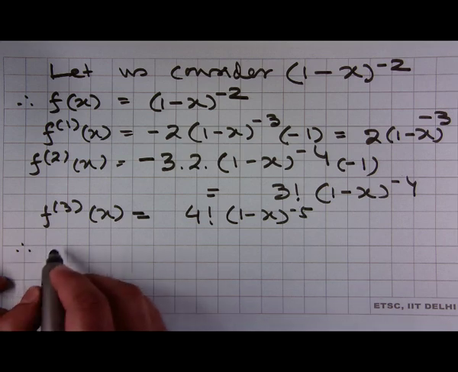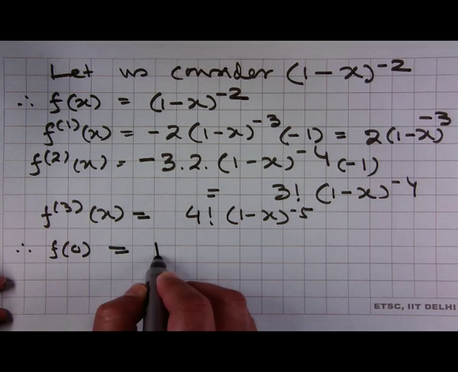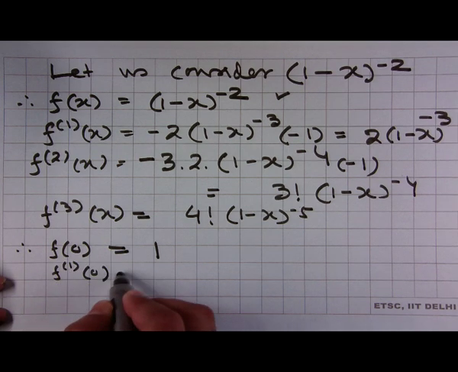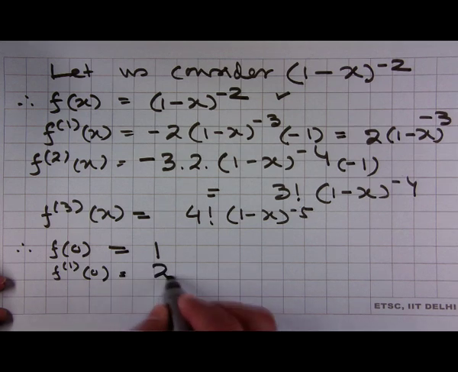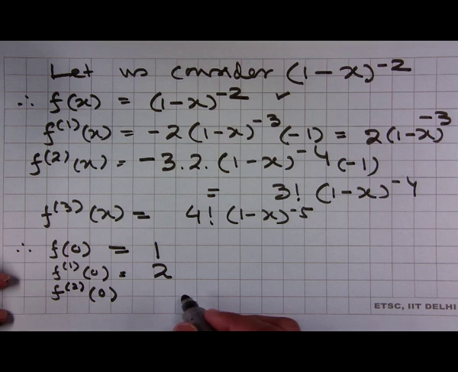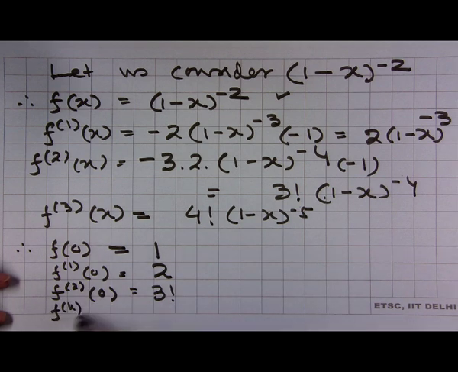Therefore, f(0) is equal to 1, f′(0) is equal to 2, the second derivative at 0 is equal to factorial 3, and the fourth derivative at 0 is equal to factorial 4.